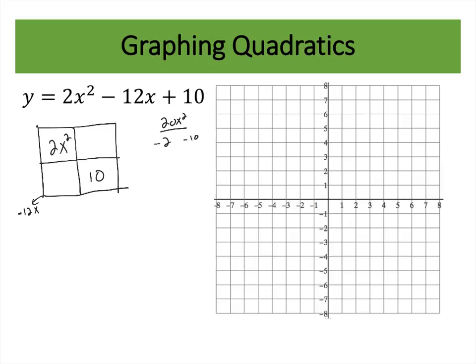So negative 2x and negative 10x multiply to positive 20 and add to negative 12.